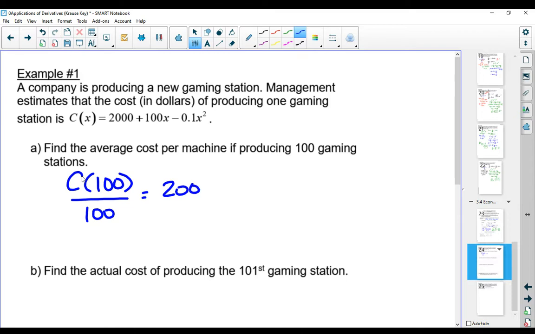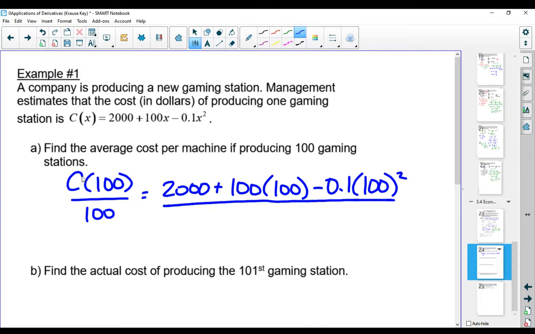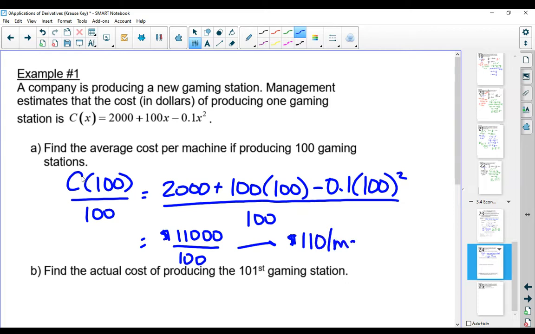Subbing that in, we have 2,000 plus 100 times the 100 machines minus 0.1 times 100 squared, all divided by the 100 machines. That gives us $1,000 divided by 100 machines, which works out to $110 per machine.